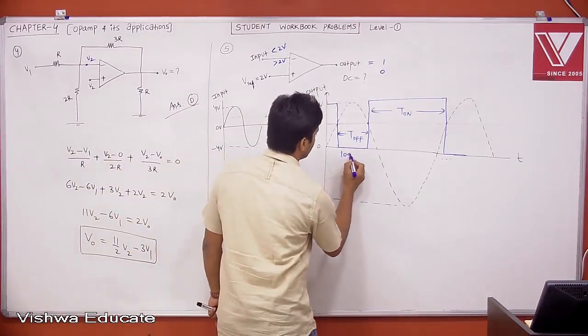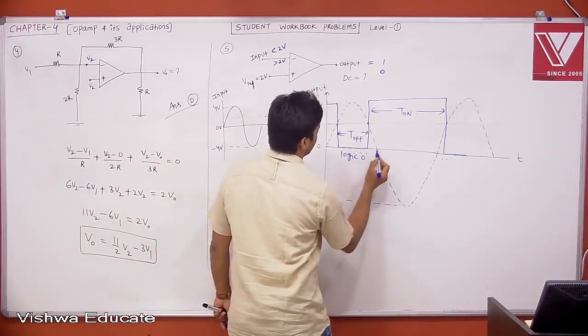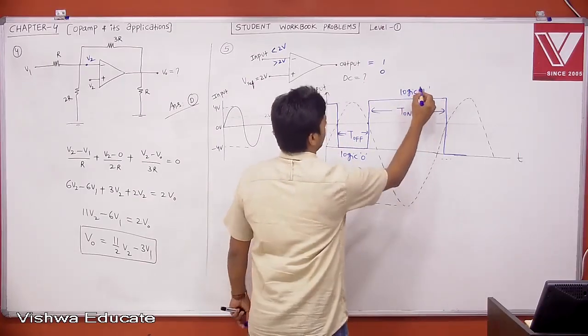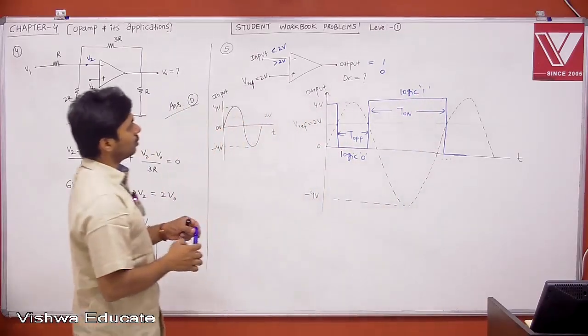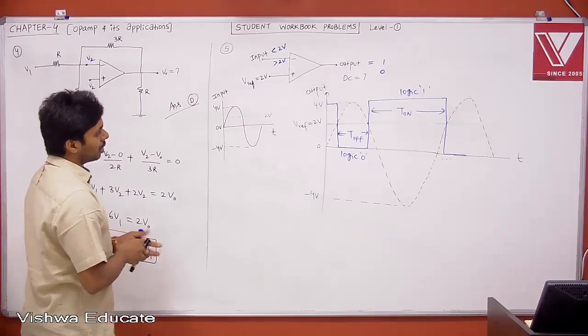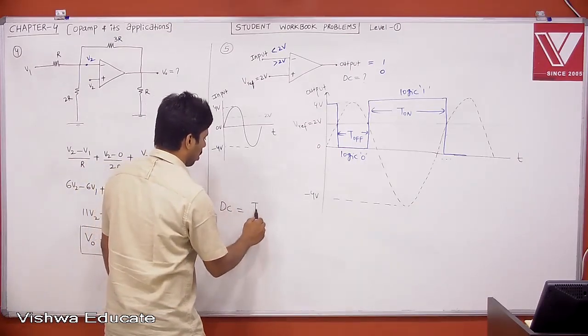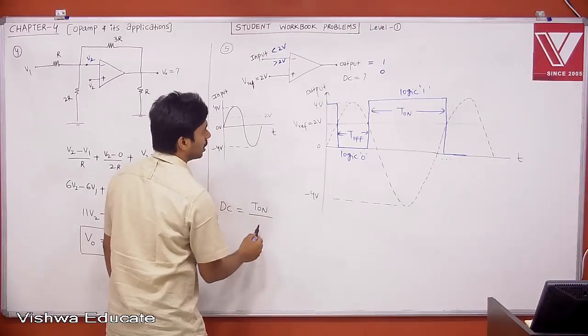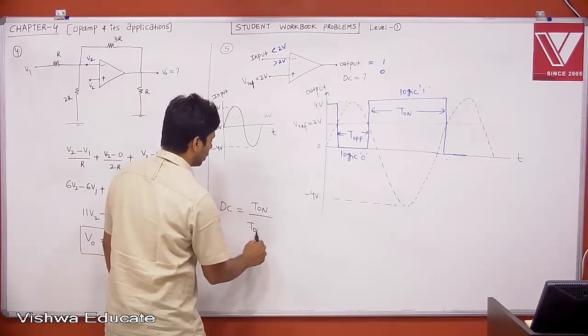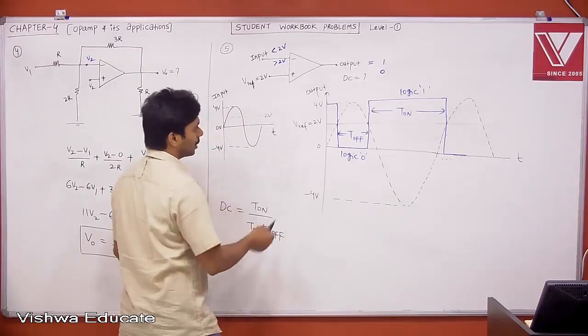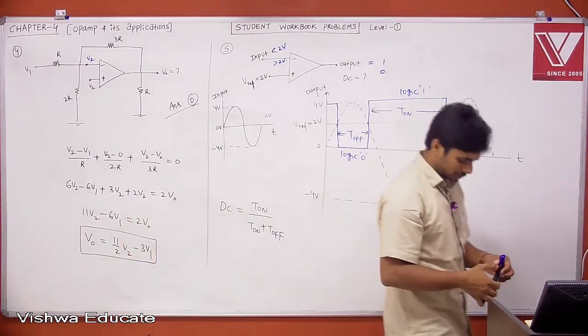This is logic 0 and this is logic 1. Therefore, what is the duty cycle definition? According to the definition, duty cycle is your on time divided by total time. Total time is nothing but T on plus T off. Take it. Then we will see what the duty cycle is.